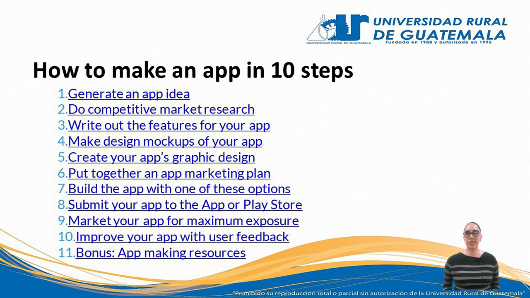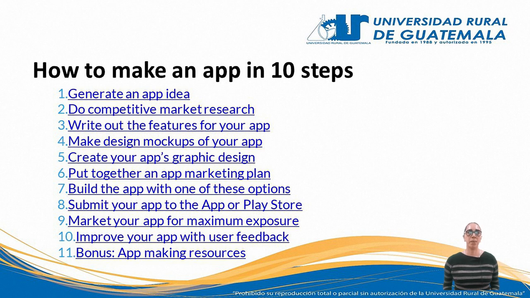We have here 10 steps that we need to know before we go into the platform to build the application. Number 1, generate an app idea. 2, do competitive market research. 3, write out the features for your application.